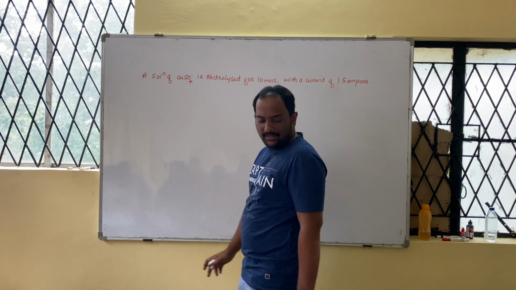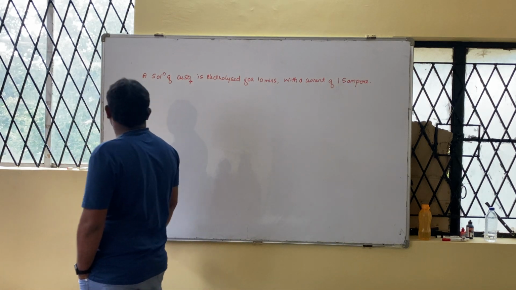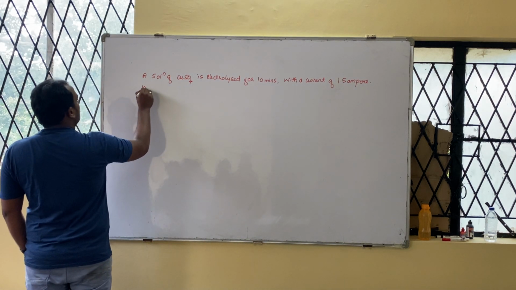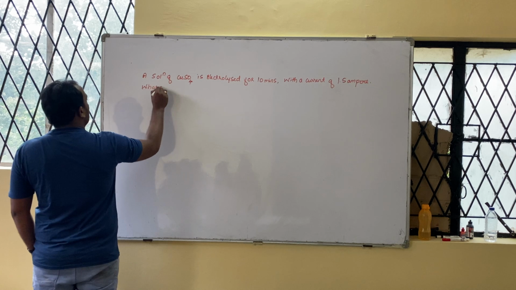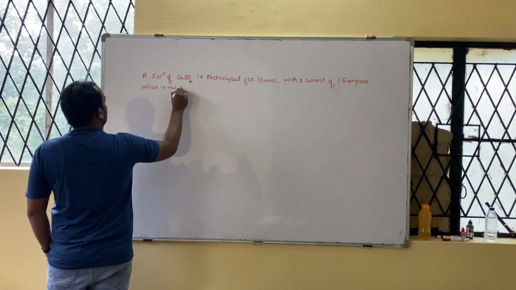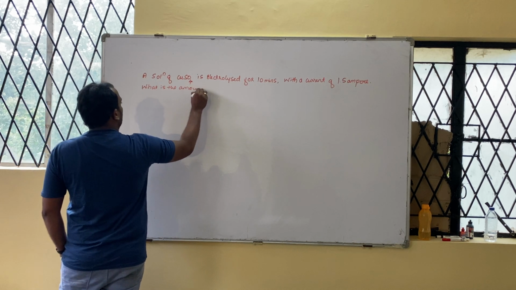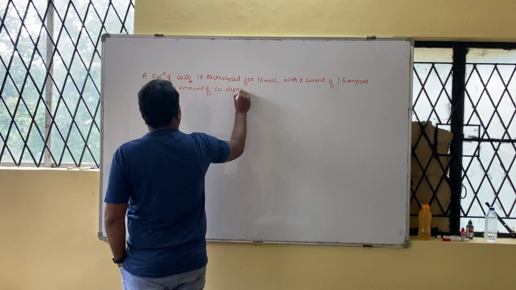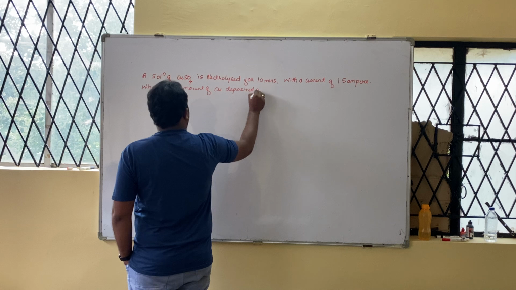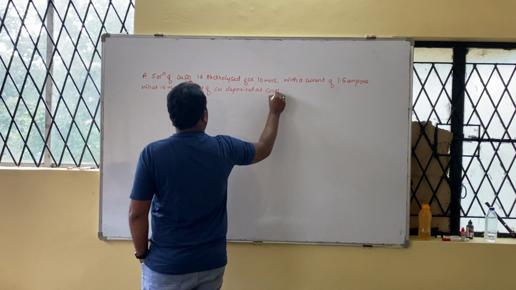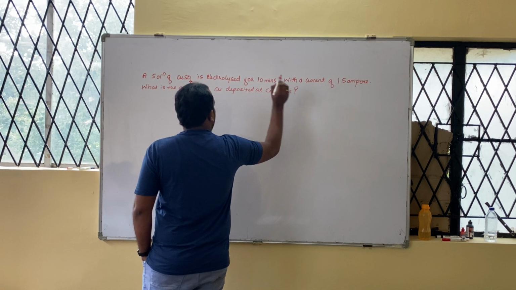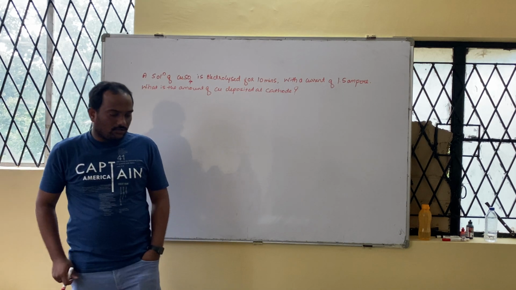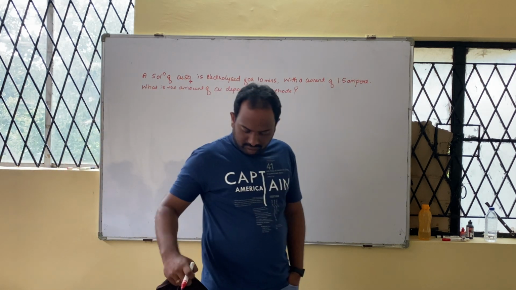The current of how much ampere? 1.5 ampere. Full stop. What is the amount of copper deposited at the cathode? Put a question mark. What is the amount of copper that is deposited at where?